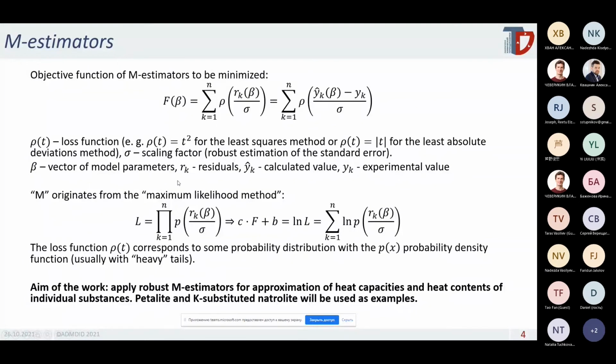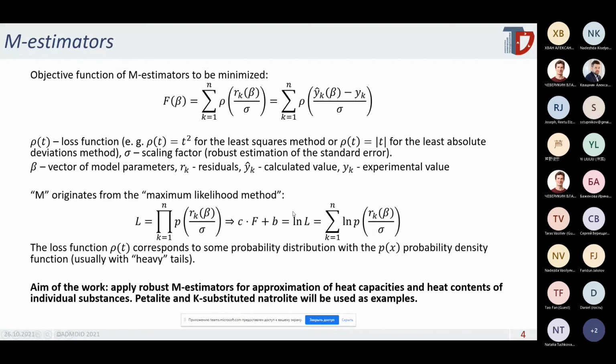M originates from the maximum likelihood method. If we write the likelihood function for some distribution and take the logarithm of it, such an algorithm, after some linear transformation, will lead us to the M estimator with some cost function.